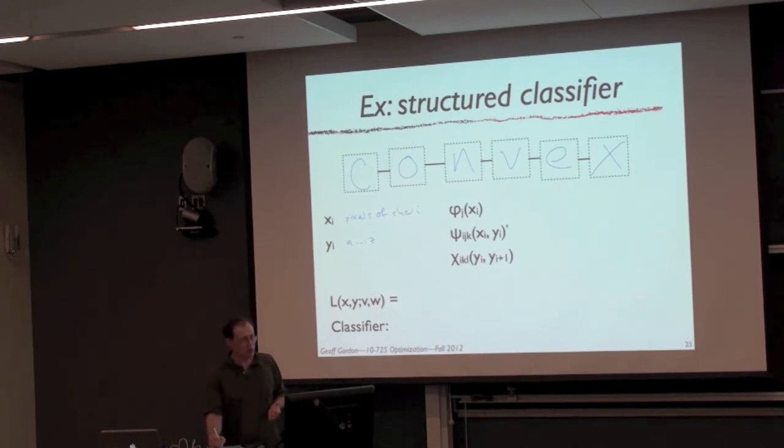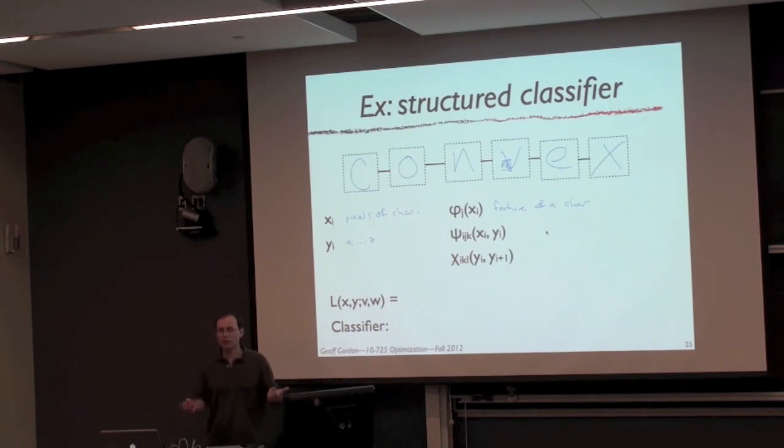The features of xi could be something like, I'll pick some region of the image and ask how much total ink is within that region. Or I could run an edge detector over the image and ask how many edges or how much edge weight or how much corner weight is within that region. So that's the sort of thing that I'm thinking of for image features. So this is a feature of a character.